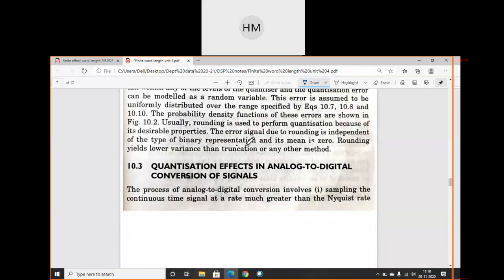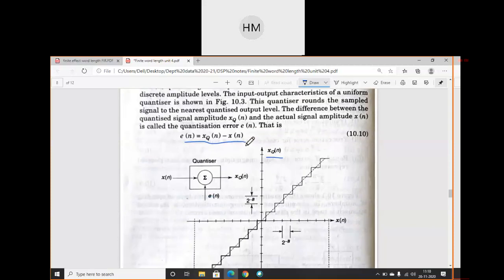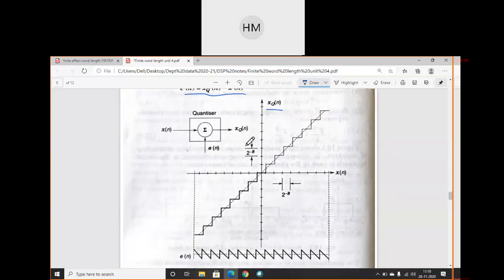Heading क्या थी इसकी? Quantization effects in analog to digital conversion of signals. And this diagram and this equation are important.